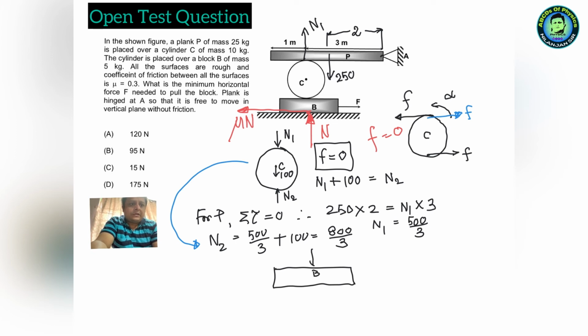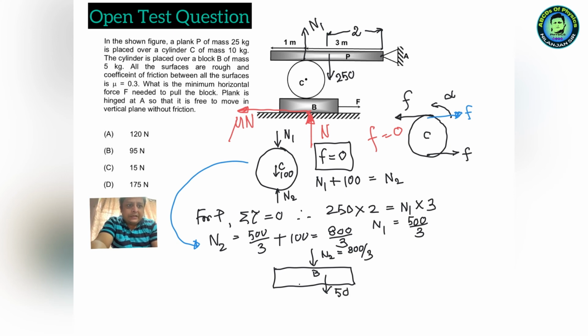There the force from above is N2, which is equal to 800 by 3, and here you have the weight, mass is 5, so 50.